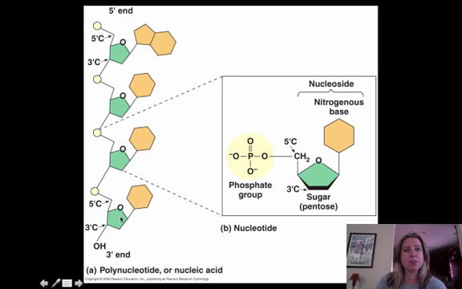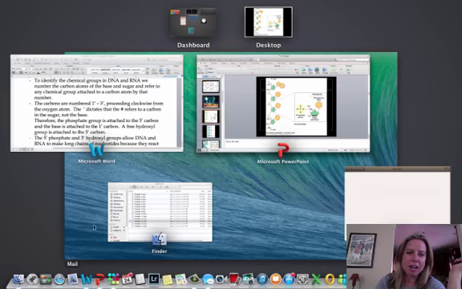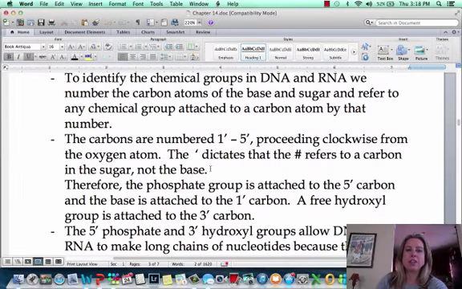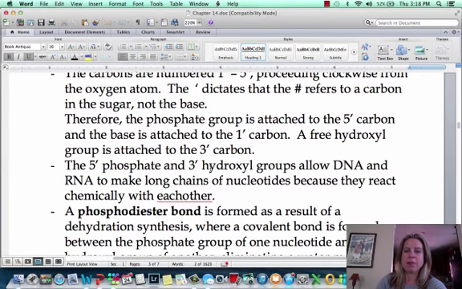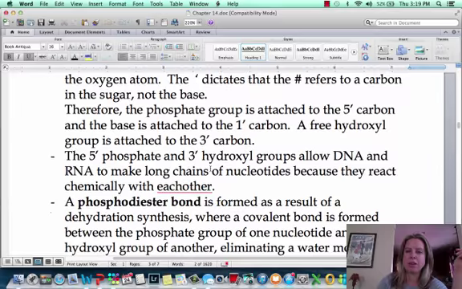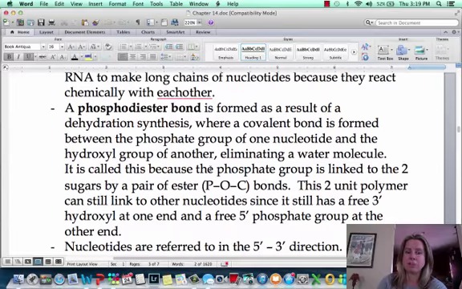That's really important to remember, because when we talk about how DNA replicates itself, that's going to come into play and cause all sorts of problems, because why would it be so easy, right? So this is all about the 1', 5', and the different things coming off of each end.